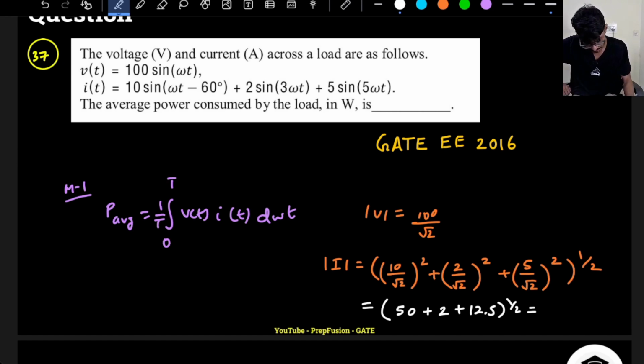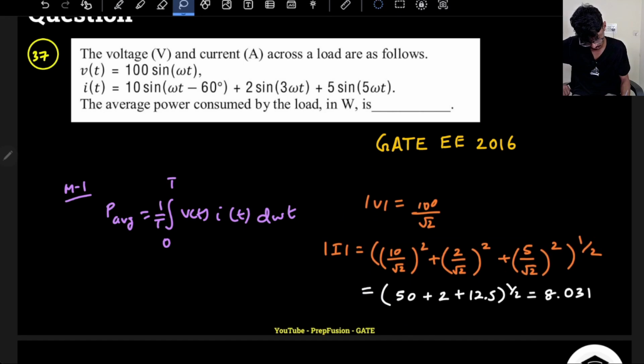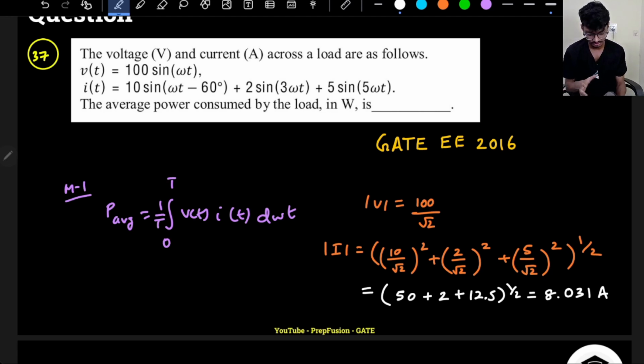So this value will be 64.5 whole under root, 8 point something. Okay, so this is the current, and this is the voltage basically.